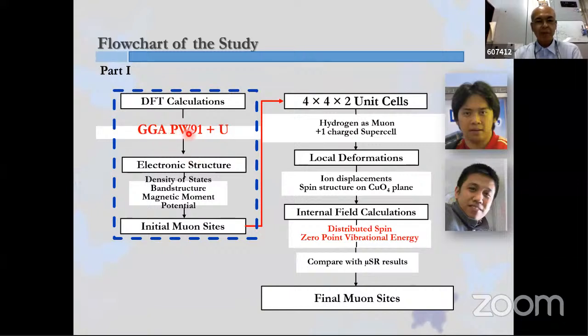We say GGA PW91, which is the name of one electric correlation function. GGA PW91 plus U is easy to write down like that, but choosing what kind of electric correlation function is suitable for our materials is the very essence of DFT calculations.